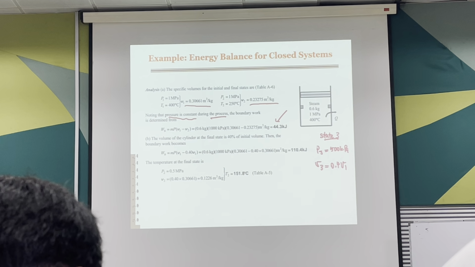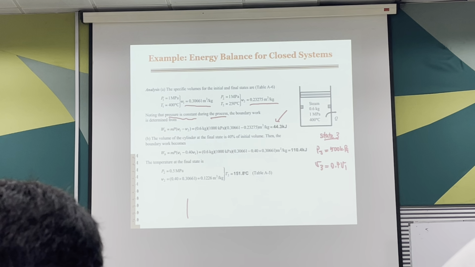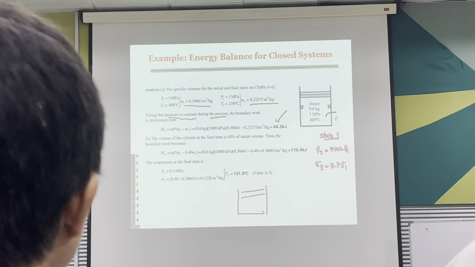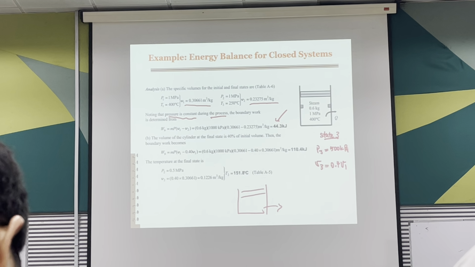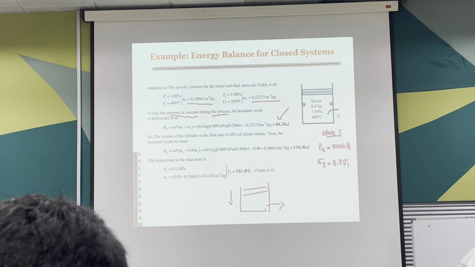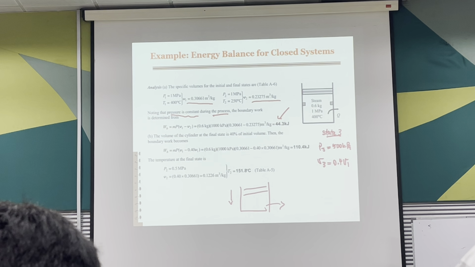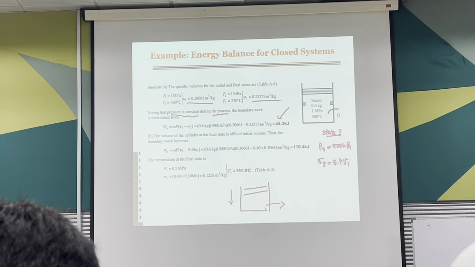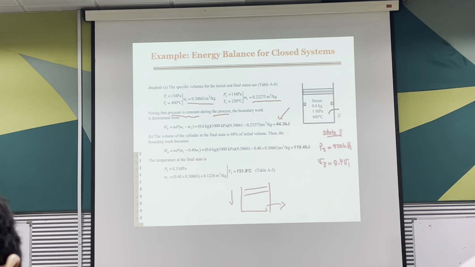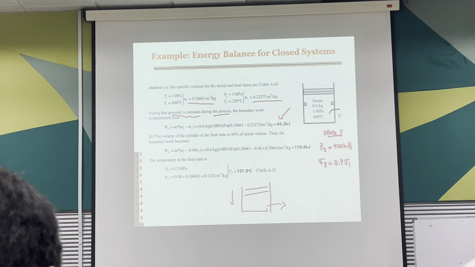Essentially what happened here is something like this. It doesn't let me draw on this. Okay, it's something like this. When you cool down the system, the piston will move down. Makes sense, right? When you cool down, the volume reduces, so it moves down not because of the pressure. Pressure is a constant. It moves because the specific volume reduces.